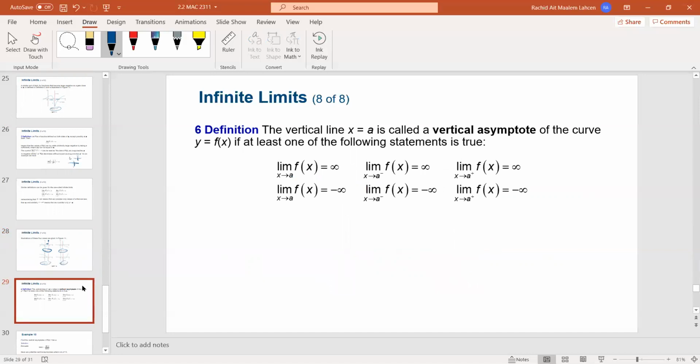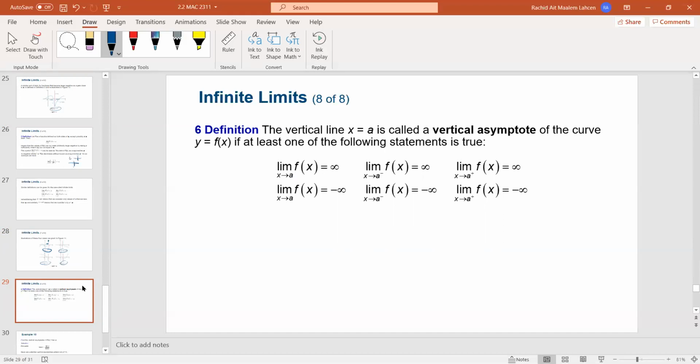So, as I mentioned in the first example, we have a vertical asymptote, and we can define it that way. The line x equals a is a vertical asymptote of the curve if at least one of the following statements is true, right?